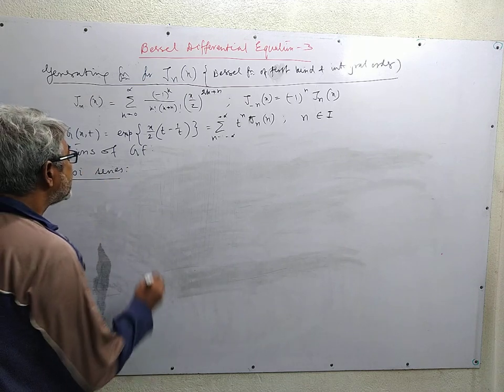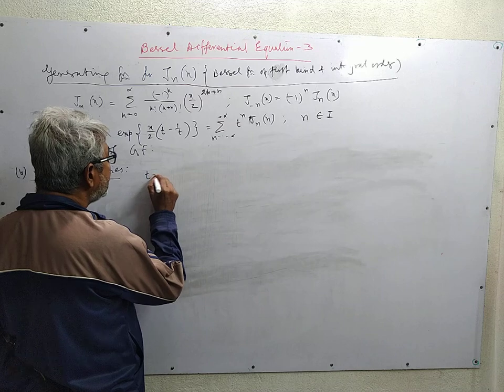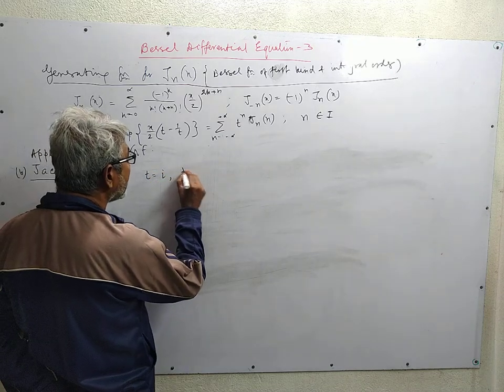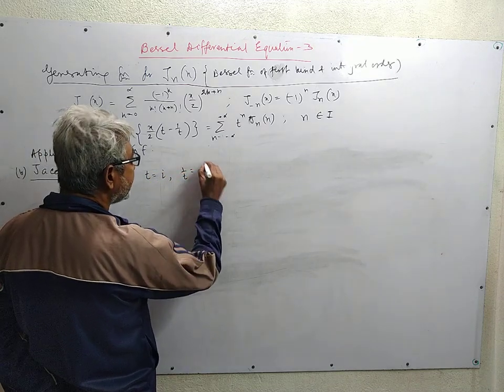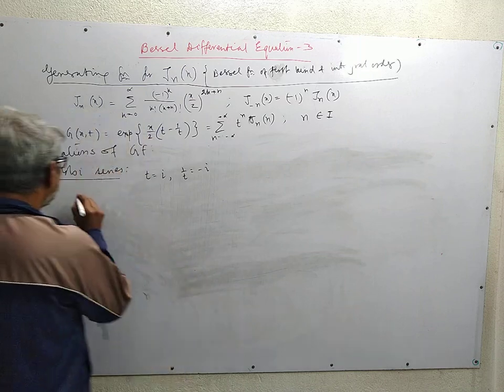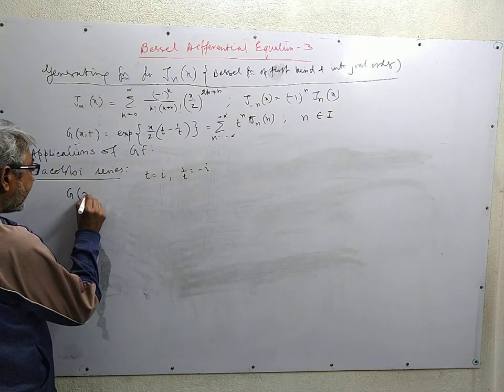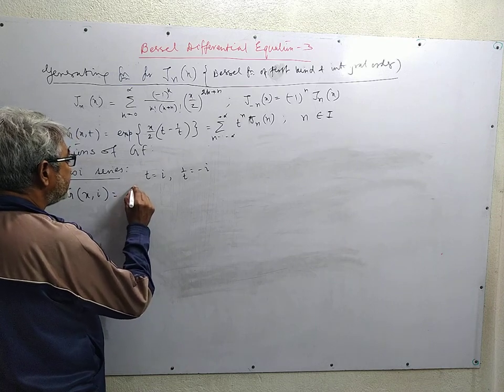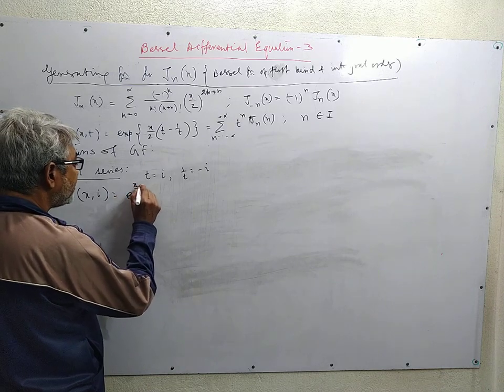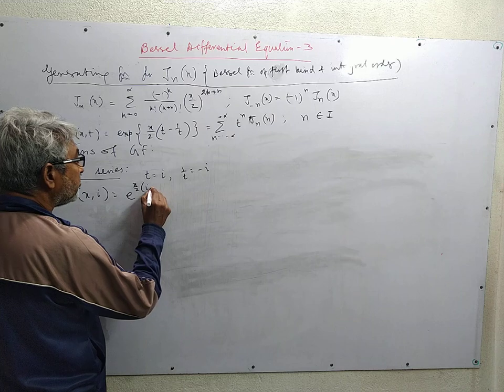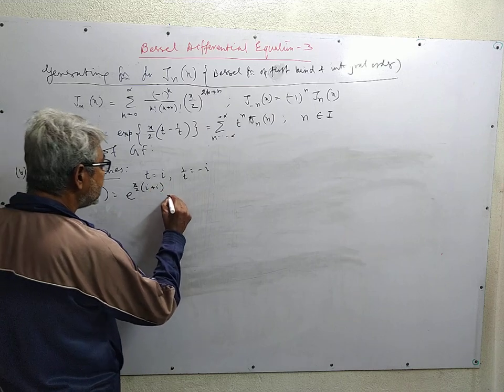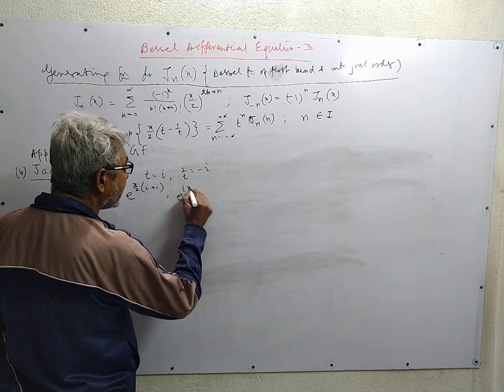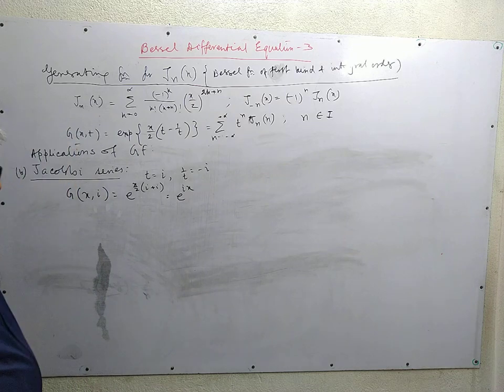In the generating function we put t equal to i, so that 1/t is equal to minus i, and the generating function g(x,i) becomes e^{(x/2)(i + i)}, so it is e^{ix}.